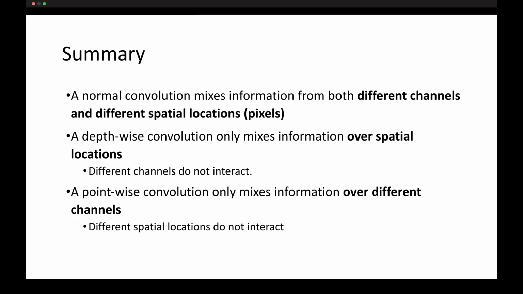The depth-wise convolution focuses only on the pixels side of things, while a point-wise convolution focuses on channels. So, like I said, the slides cover this in more detail, but you can think of these as: are you going to mix information from across both, like all the channels and all the pixels, or would you only focus upon the pixel side of things, or would you only focus upon the channel side of things?